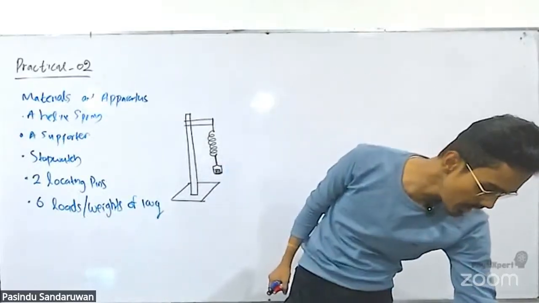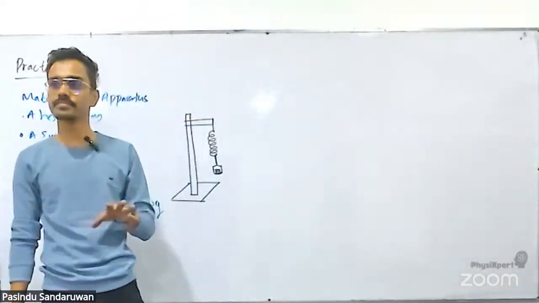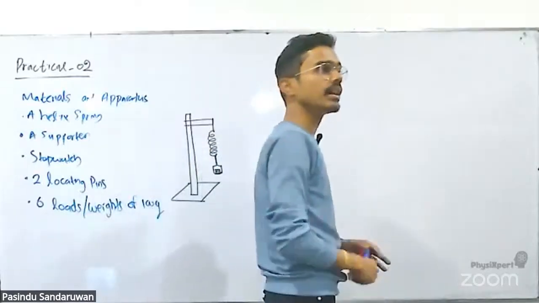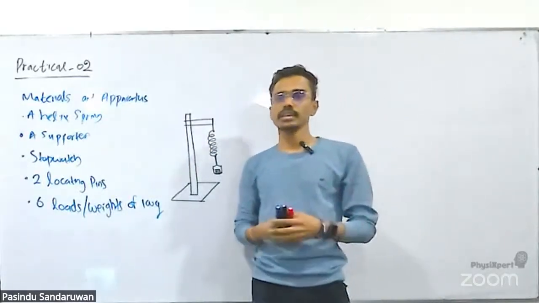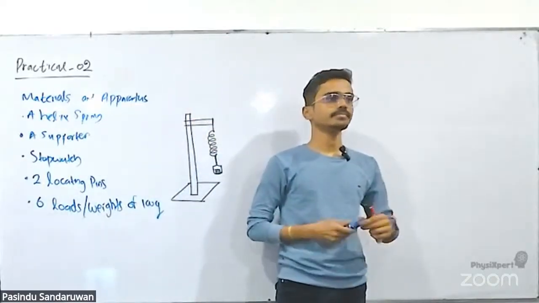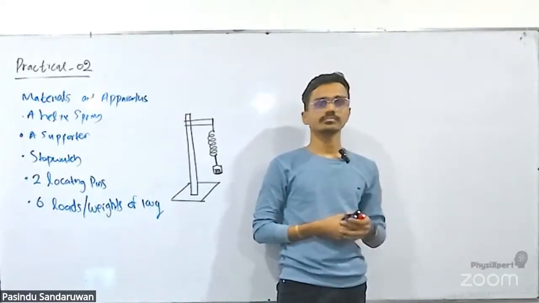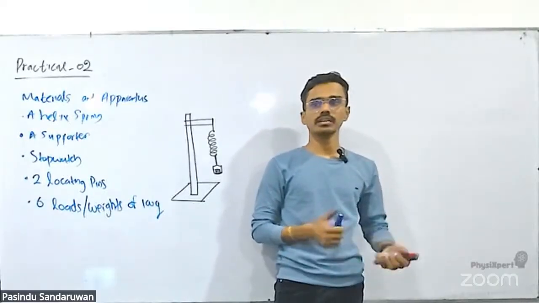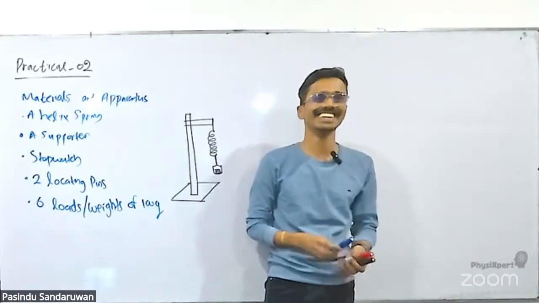I mean, it is doable using 1, but still we are using 2 for more accuracy. Any possible reason? No idea.